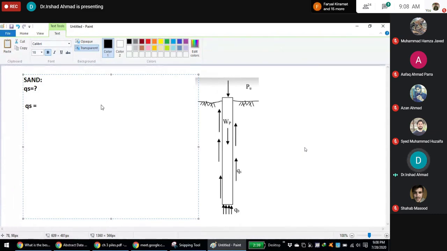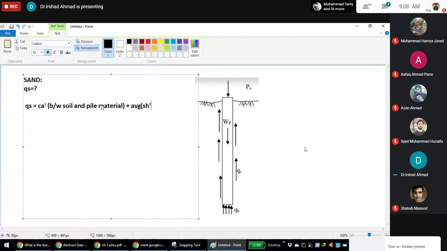QS, skin friction resistance, is equal to cohesion, or you can say adhesion, between soil and pile material, plus sigma average, sigma prime horizontal stress, sigma horizontal, into tangent delta.